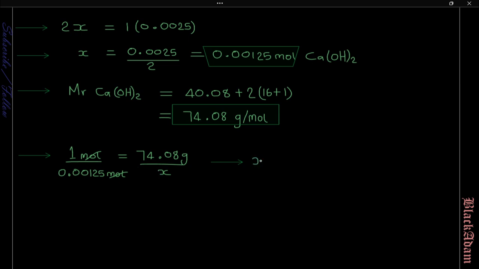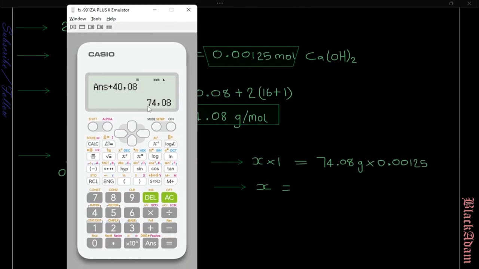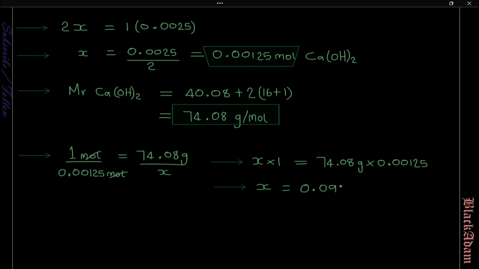So we cross multiply, so it's going to be x multiplied by 1 is equals to 74.08 gram multiplied by 0.00125, and then that's x times 1 is x, and 74.08 multiplied by 0.00125 gives us 0.0926. That would be gram of calcium hydroxide. So that's our final answer.